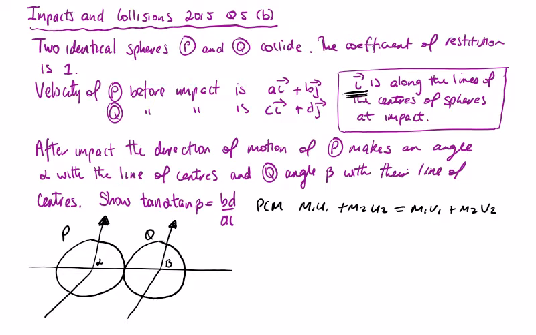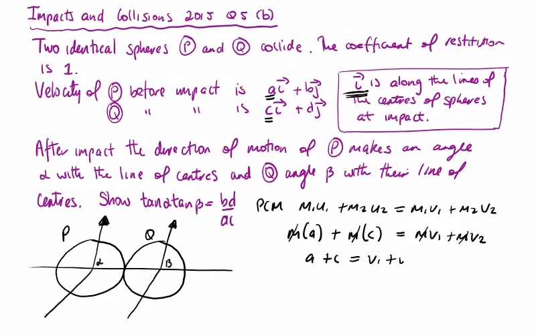They're identical spheres, so we can call M1 and M2 M, and U1 in this case is A, plus M by C is equal to MV1 plus MV2. So we'll cancel our M's: A plus C is equal to V1 plus V2.